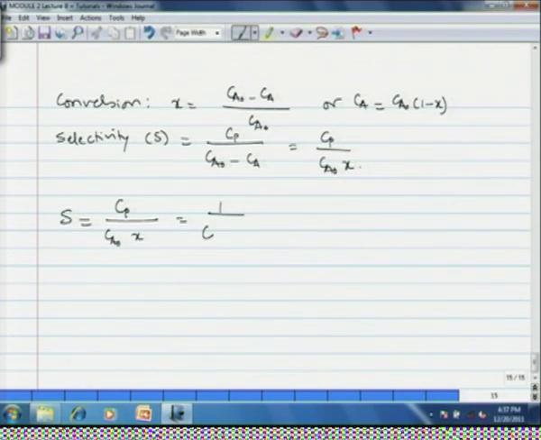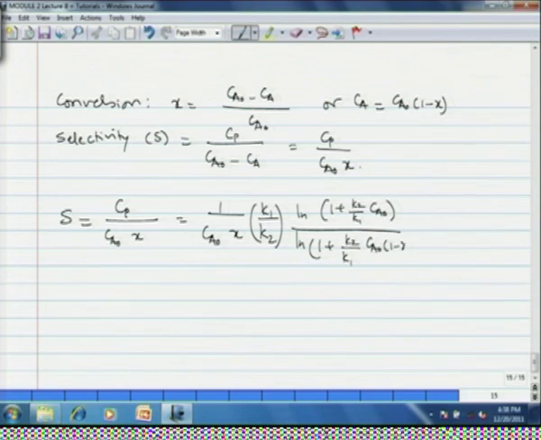So, 1 divided by Ca naught into x into K1 by K2 ln 1 plus K2 by K1 into Ca naught divided by ln 1 plus K2 by K1. Now, instead of Ca here we put Ca naught into 1 minus x. And this gives the result.